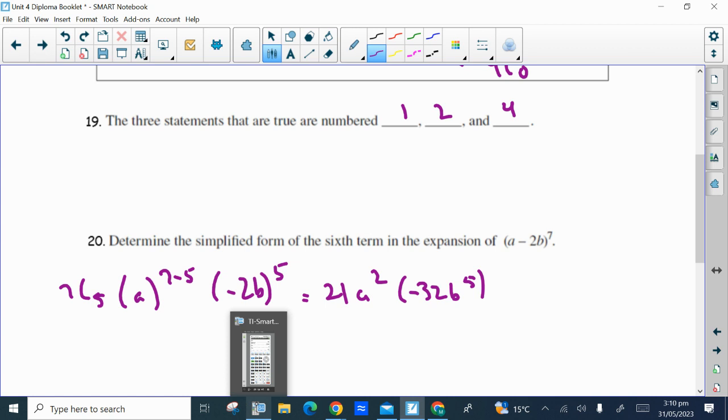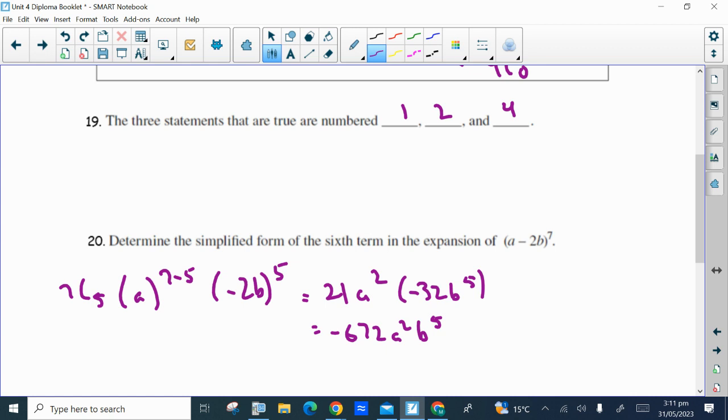And 21 times negative 32 is negative 672, a squared b to the 5th. So there's the sixth term.